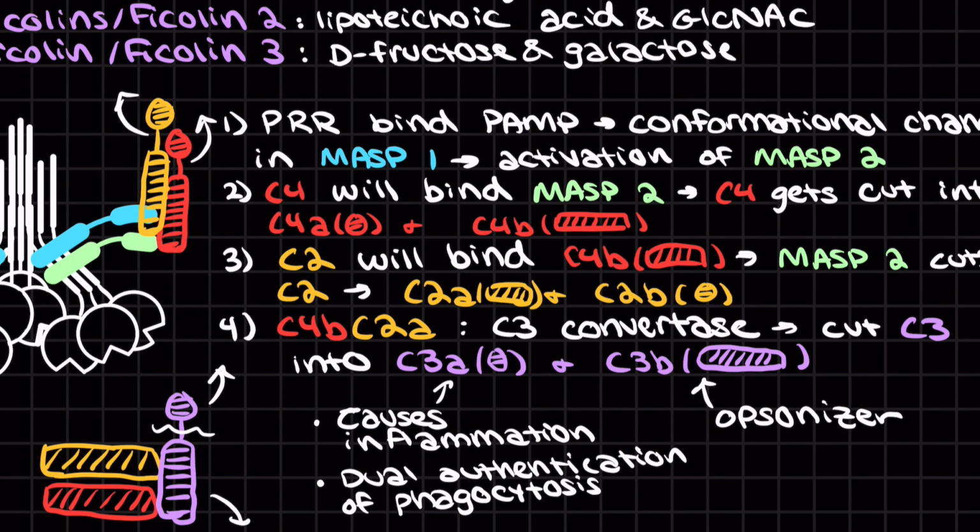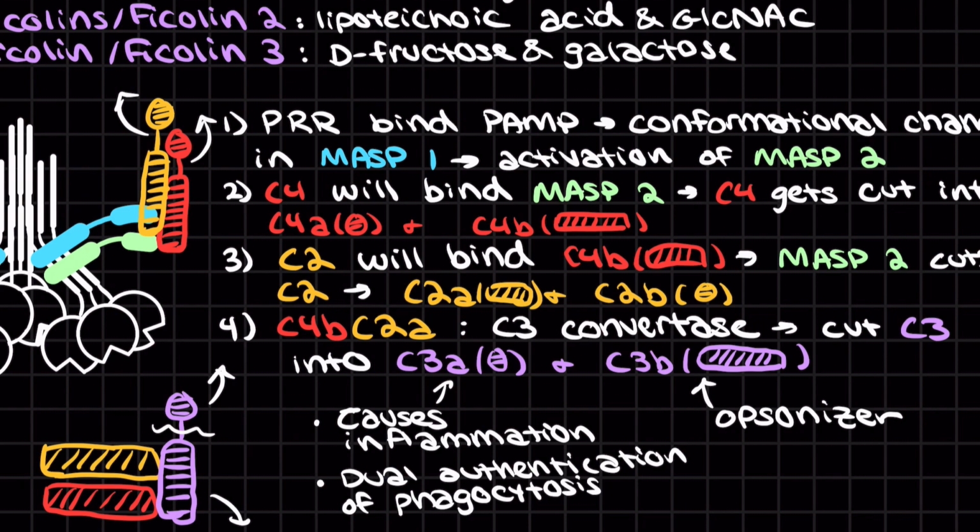Now, what do I mean by that? What I mean is that when a cell that can phagocytose a foreign invader detects the presence of C3b, it will begin to engulf that object, the foreign object. However, the phagocytosis won't actually begin until C3a binds to a separate receptor on that same cell.